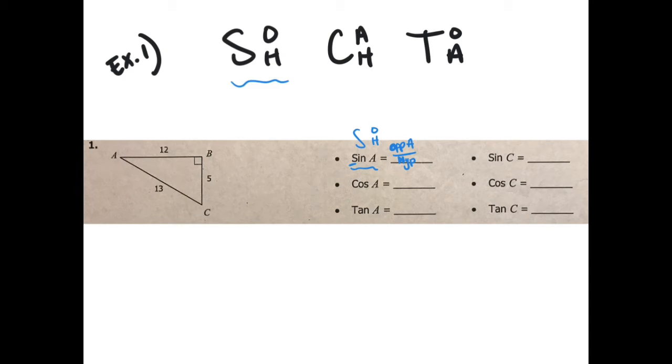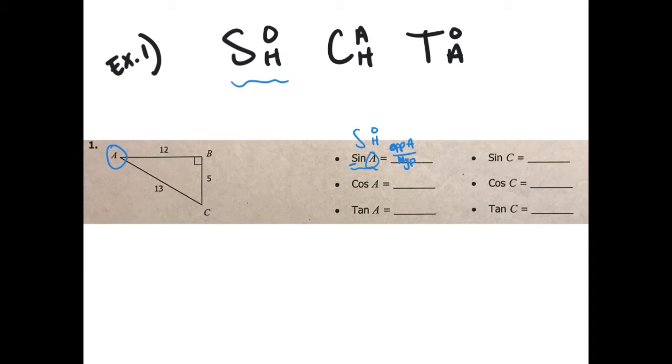Now I'm going to come over to my triangle and I'll be like, hey, triangle, we're talking about angle A. It's all about A. So from angle A, I need the opposite leg. Is it 12? Is it 13? Is it 5? Well, I do know. It's my job to know.